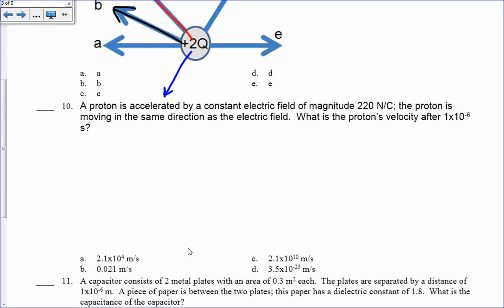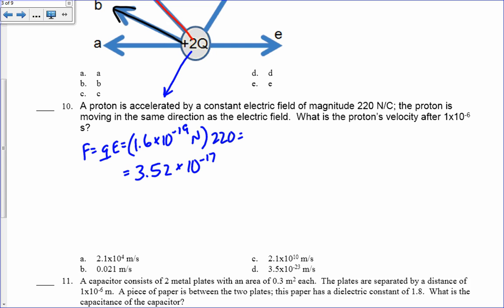Proton accelerated in a constant electric field. What is the velocity? All right, I know F equals QE, so I can find the force. Times 220. That's 3.5 times 10 to the minus 17 newtons. Now I want to find the acceleration. Newton's second law.